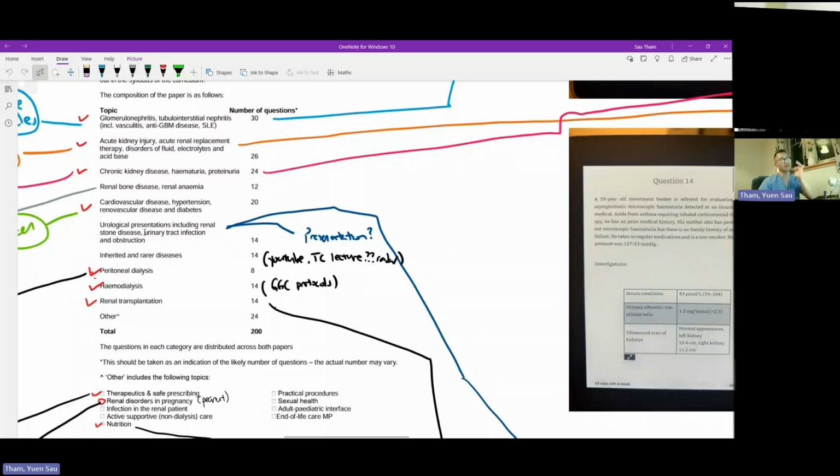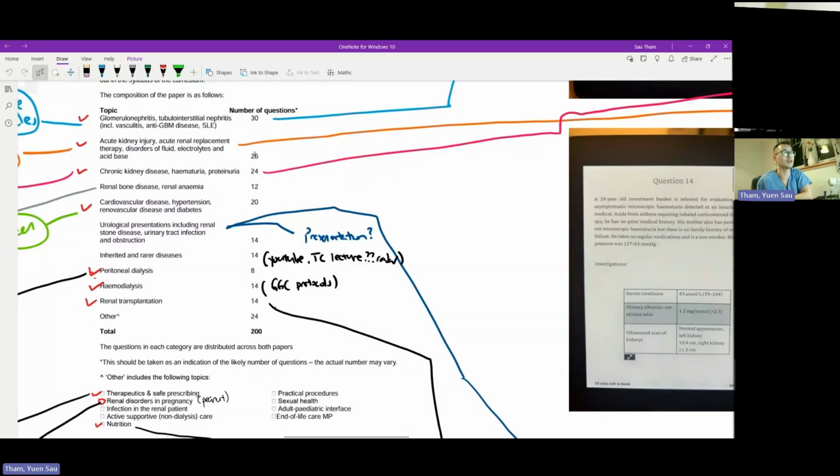This is really the Bible, what you need to study based on, and it is quite prescriptive. So glomerulonephritis, etc. You can read it. I'm not going to read down the list, but what I do want to point out is the distribution of questions. You see GN, there's 30 questions. It's 15% of the exam, so quite a big bulk.